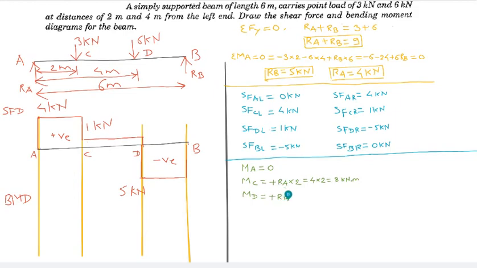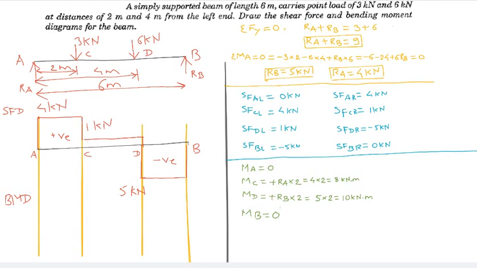So RB multiplied by distance 2 meter is equal to RB is 5 multiplied by 2, which is equal to 10 kilonewton meter. Moment at point B will be equal to 0.